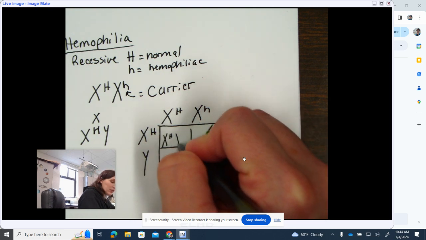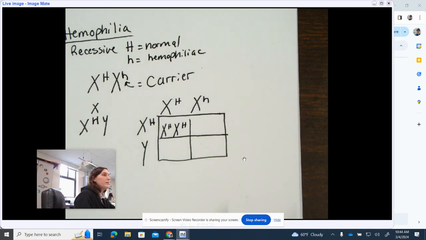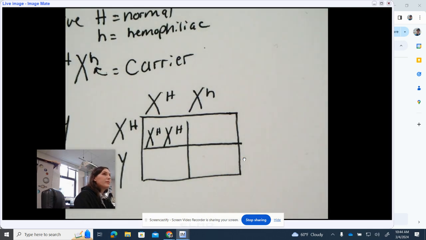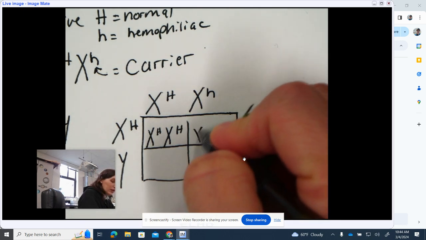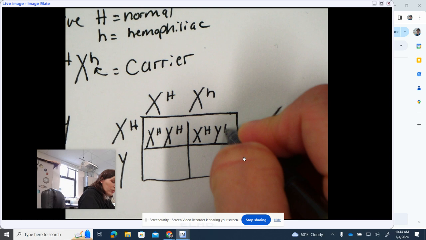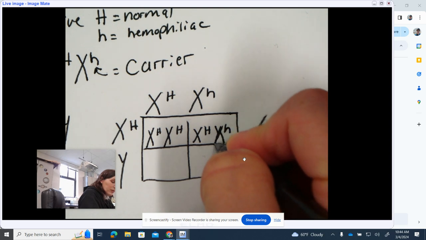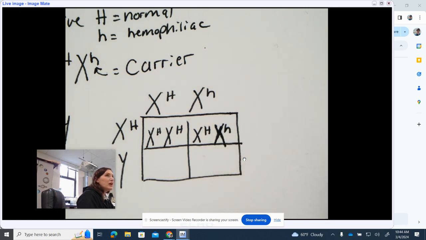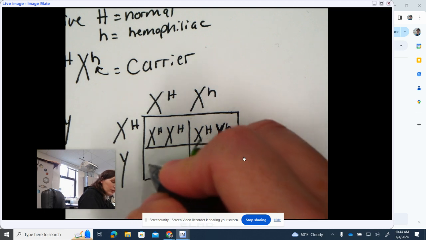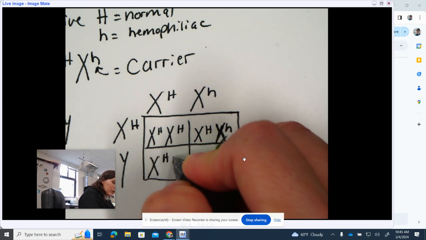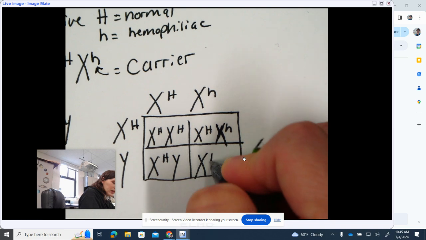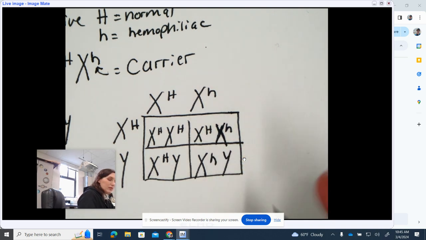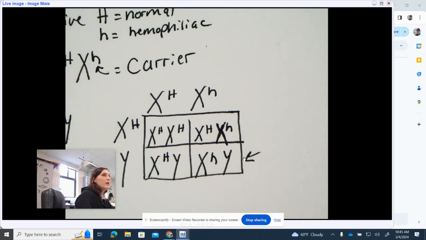This is a normal girl. This one is a normal girl, but she is a carrier. She does not have it, but she's carrying it. This is a normal boy, and this is a hemophiliac boy. He has it.